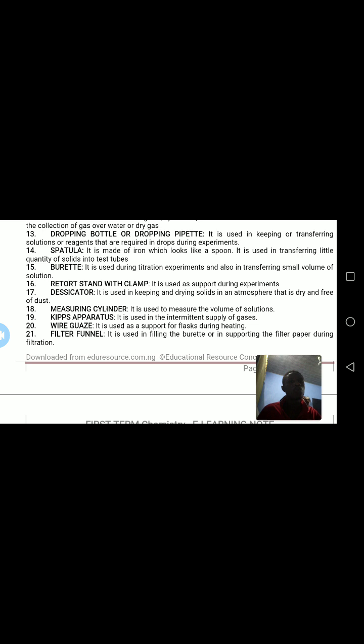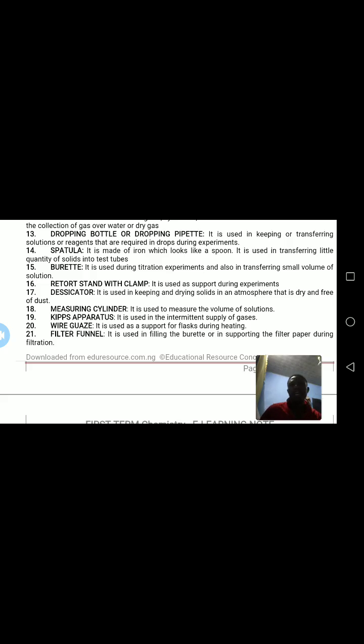A burette. Number 16, we have the retort stand with clamp. It is used as support during experiments to hold the other apparatus. Then number 17, we have the desiccator.